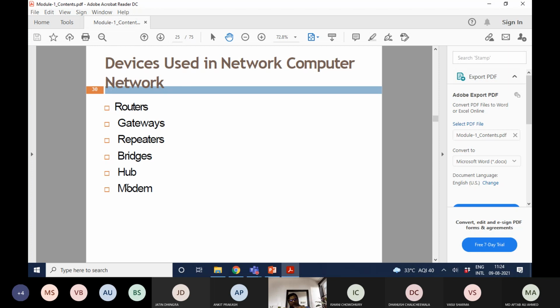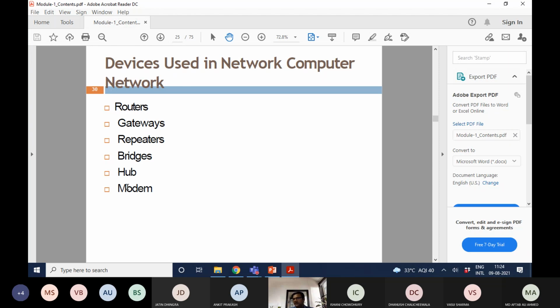That wire is the input to the box, and the same wire goes out as the output from the box. That box is not for giving a connection to any household. Only in the middle of the road, after some distance, that box is kept, where a wire is given as input and another wire is given as output. That is known as the repeater.